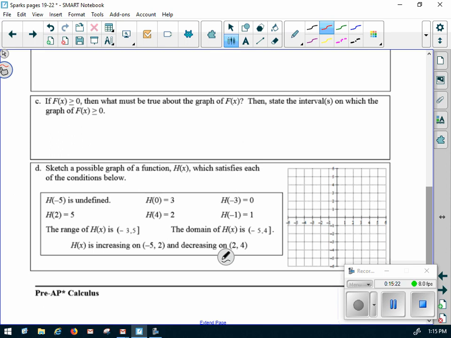Above the x-axis. If f of x was equal to 0, what did that mean about the graph? On the x-axis. So f of x greater than or equal to 0 means either on or above the x-axis. So you're going to say the graph must be on or above the x-axis.